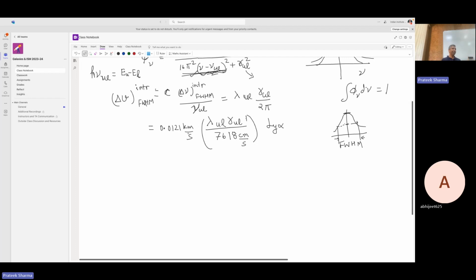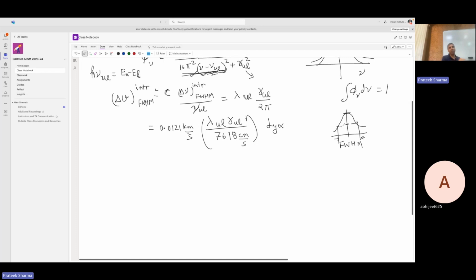Compare to typical ISM velocities. Even if you go to 1 Kelvin, 100 Kelvin is 1 kilometer per second. The thermal velocity width for 100 Kelvin is 1 kilometer per second.